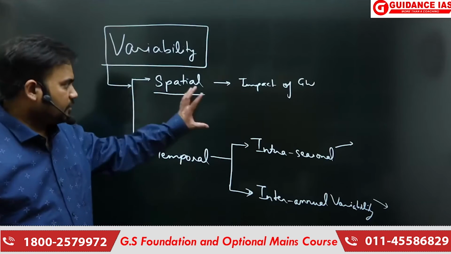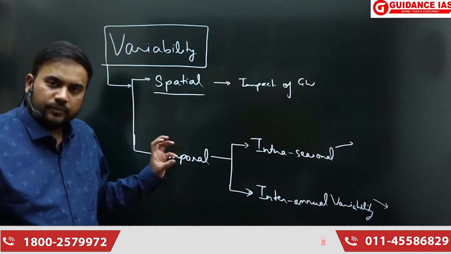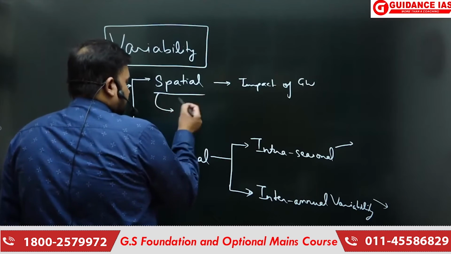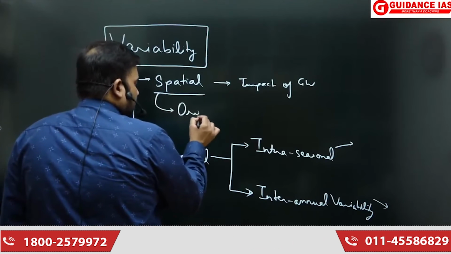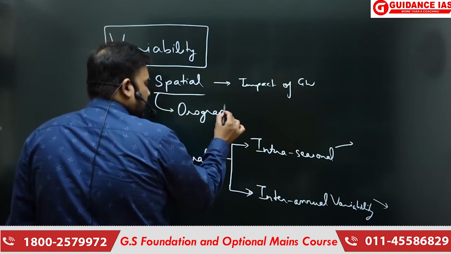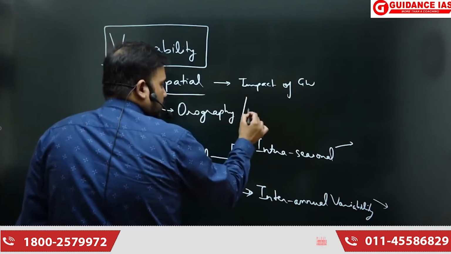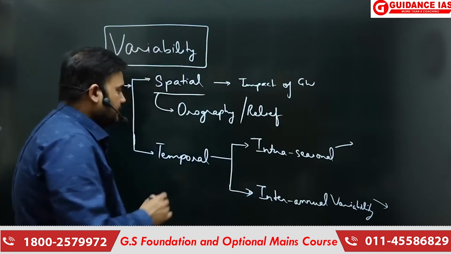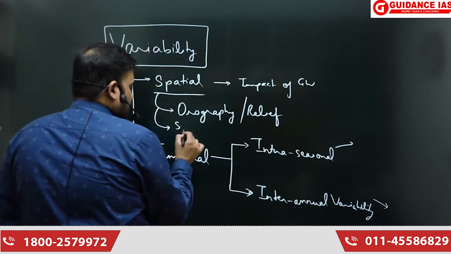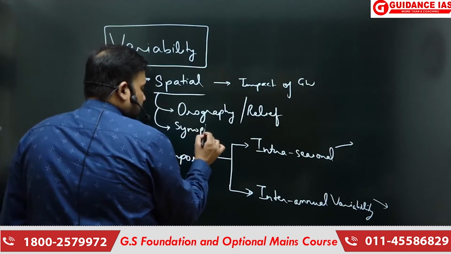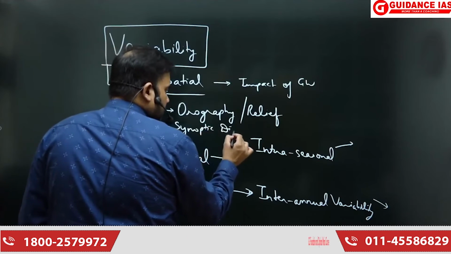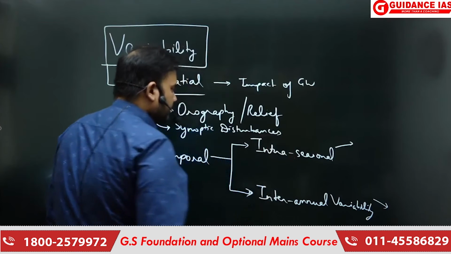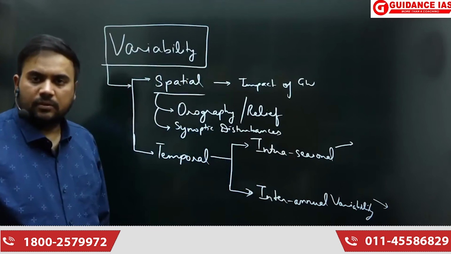Okay. Now when I am discussing spatial, can I say the spatial variability is related with the orography of India or the relief of India? Is it related with the synoptic disturbances? Yes or no?